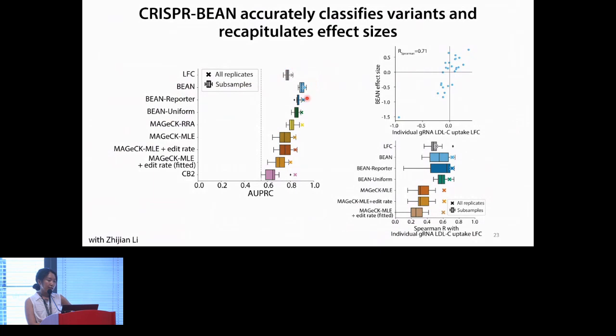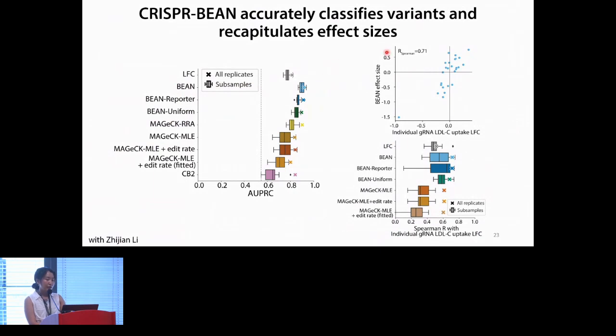The second and third here in color are versions of CRISPR-Bean where we used less information than the full information of using both accessibility and reporter.